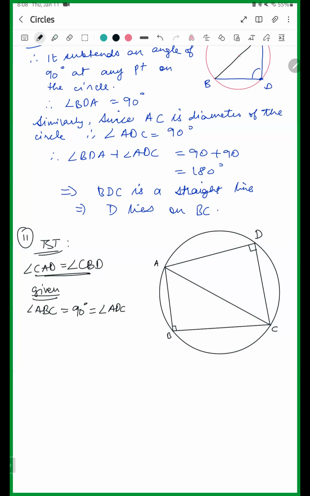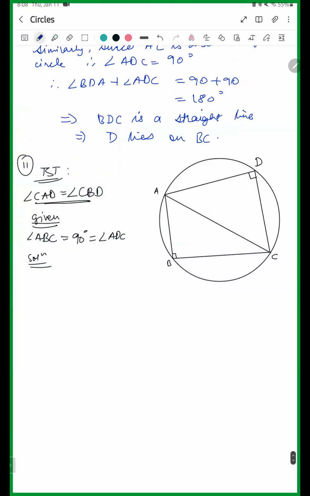Okay. So if these two are 90, solution: angle ABC plus angle ADC is equal to 90 plus 90, which is 180, right?